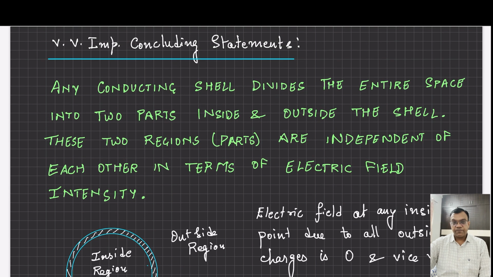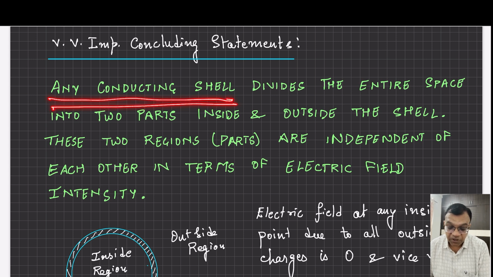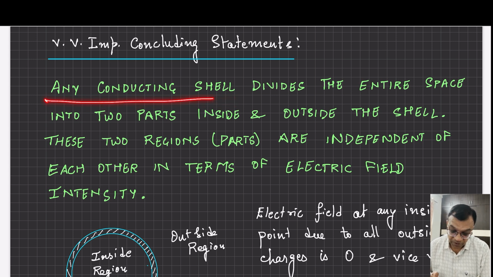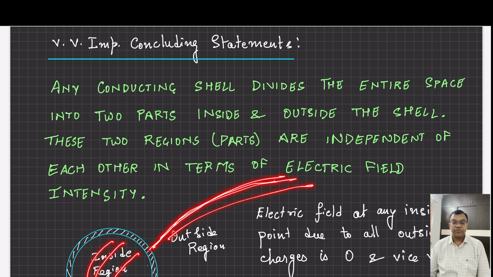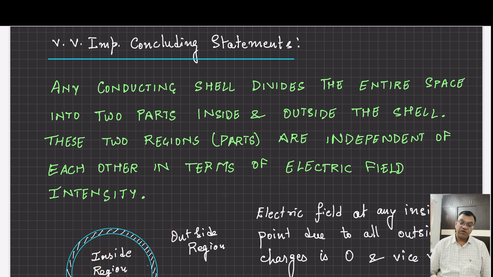Any conductor, any conducting shell, please be careful on this, this is the shell I am taking, divides the entire space into two parts, inside and outside. This is the outside part, this is the inside part. Any conducting shell divides the entire space into two regions, inside and outside.